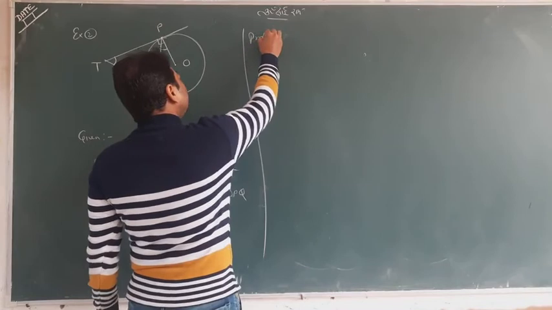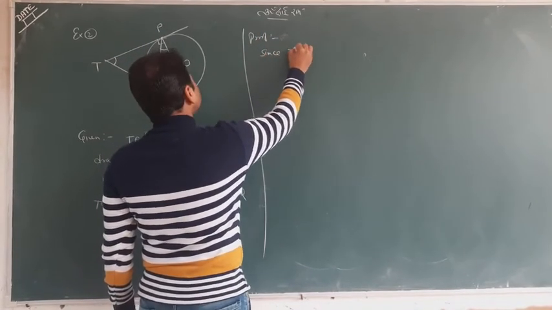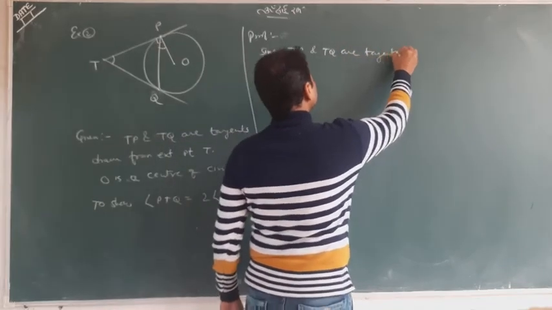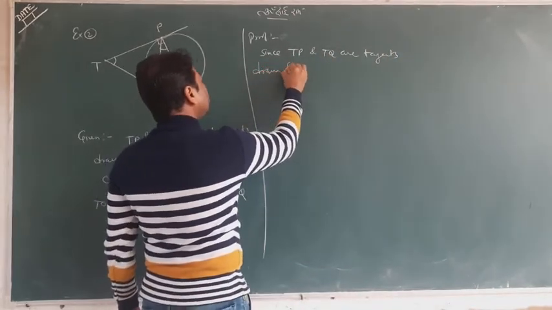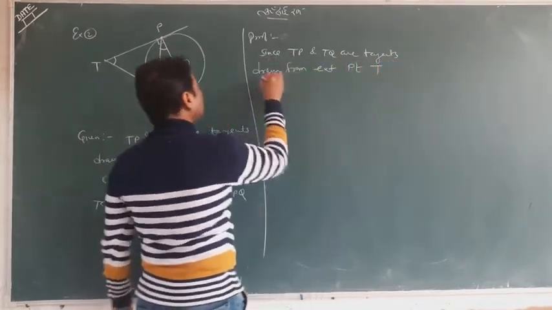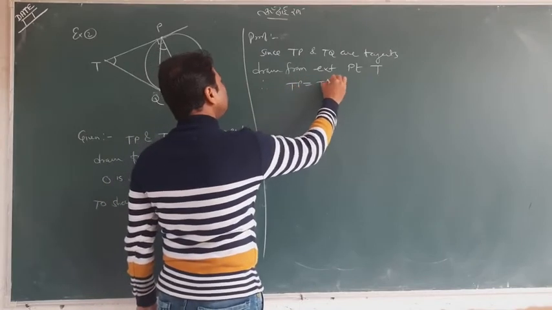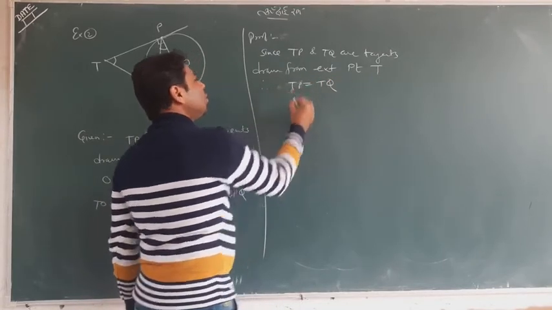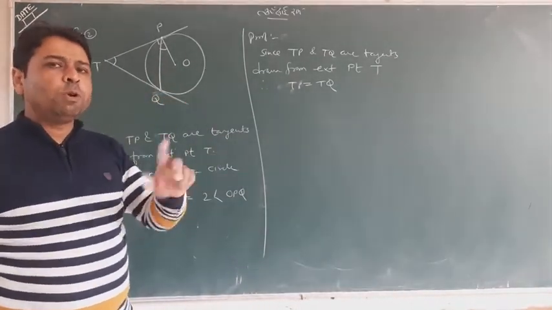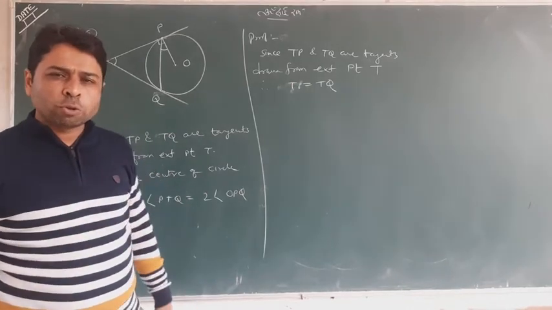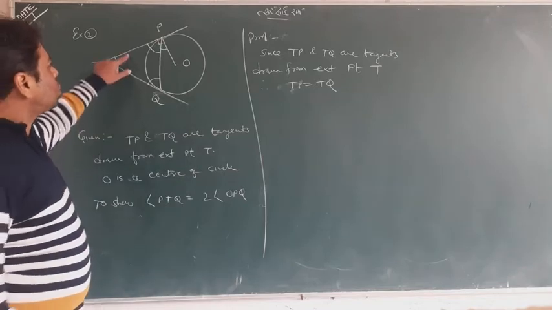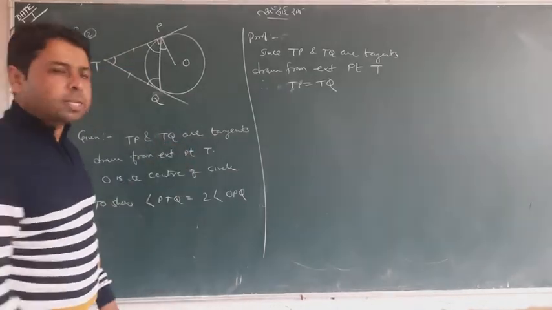Proof: since TP and TQ are tangents drawn from external point T, TP equals TQ. Since these two sides are equal in length, their opposite angles are also equal.